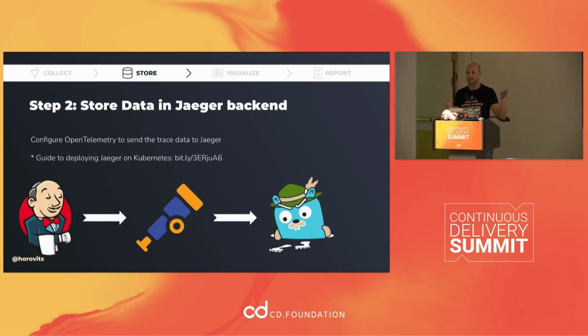Actually, if you run it, I wrote a guide on how to install Jaeger on Kubernetes in production. You have a link here if you find it useful. And what you need to do in this phase is to essentially configure the OpenTelemetry collector's exporter to send it to the Jaeger backend. And that's about it.